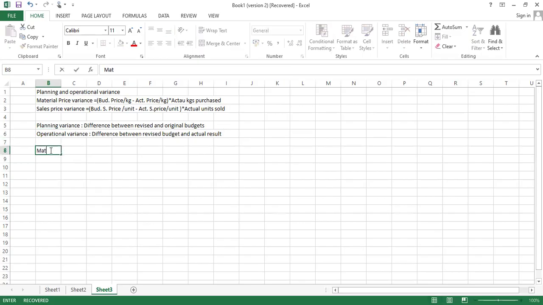First we have material price planning variance, which is equal to revised budgeted price per kg minus original budgeted price per kg, into actual kgs purchased.